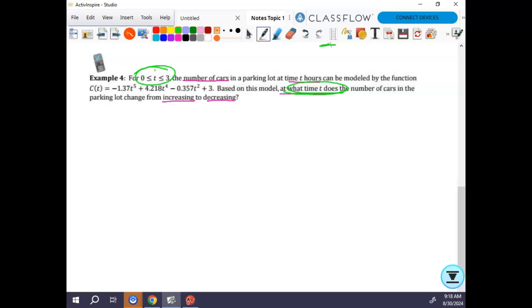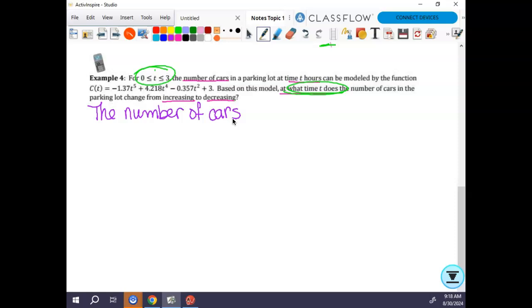So before you write the number down, let's answer the question. When we're not being all formal, we answer the question like you're used to answering questions. We can just rewrite the question a little bit. So based on the model, and we don't have to use every single word, at what time t does the number of cars, and I really think it's okay to leave off in the parking lot.